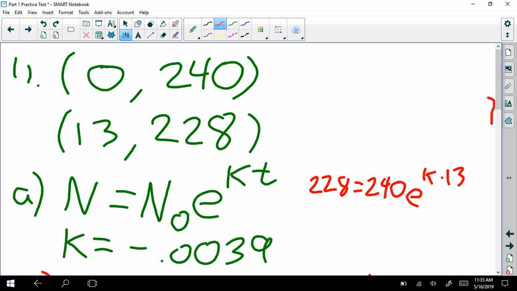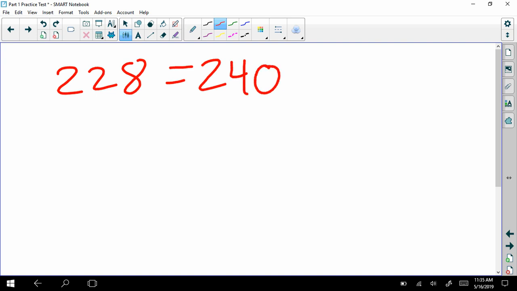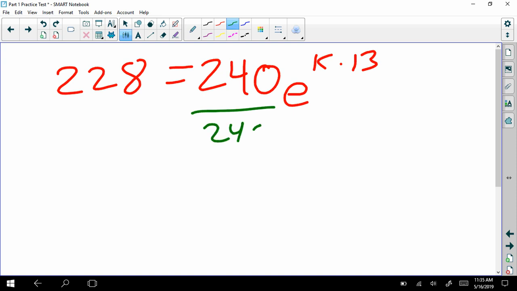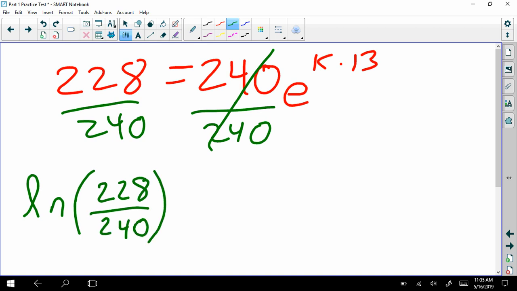If you solve that out, 228 equals 240 e to the k times 13. First thing that you would do is divide by 240. Then we've got to get rid of the e. You get rid of e by doing natural log. So now you do natural log of that fraction we just wrote down. And then e is gone, so we just have 13k left over.